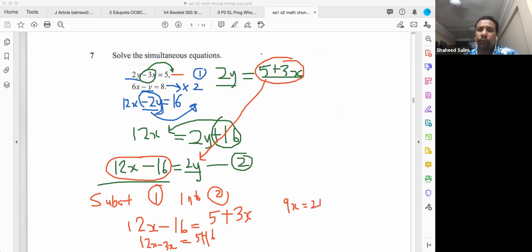X is what? X equals to 21 over 9, and you get 2 1/3. This is what you're going to get, 2 1/3.